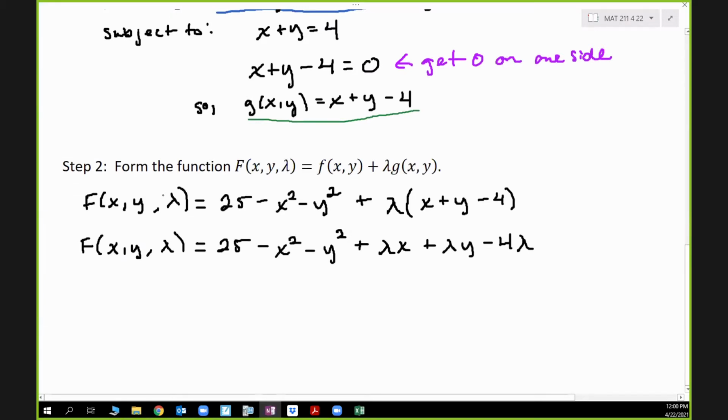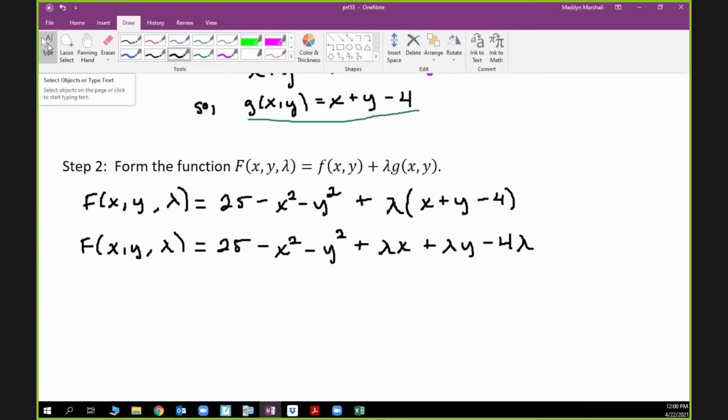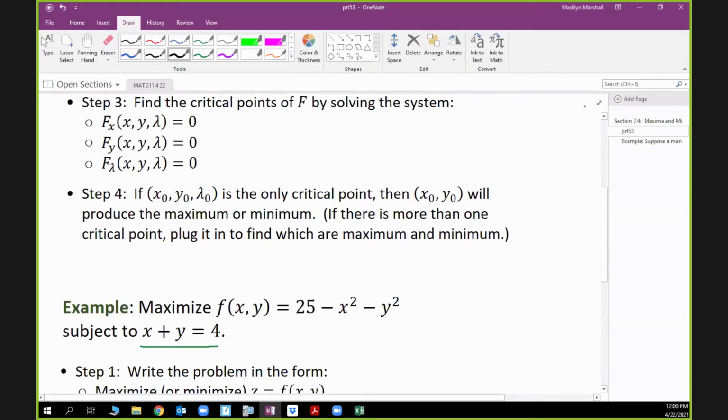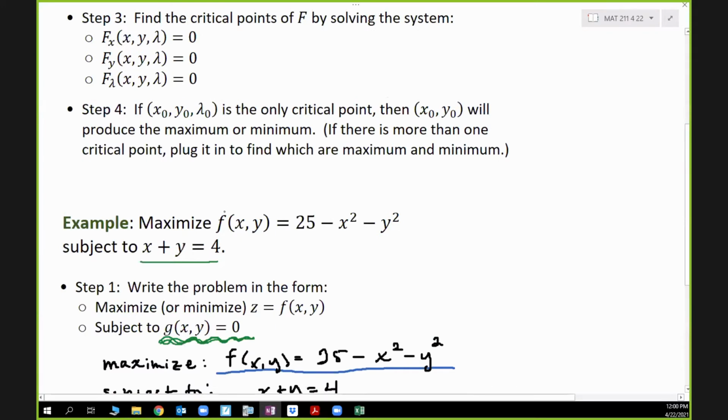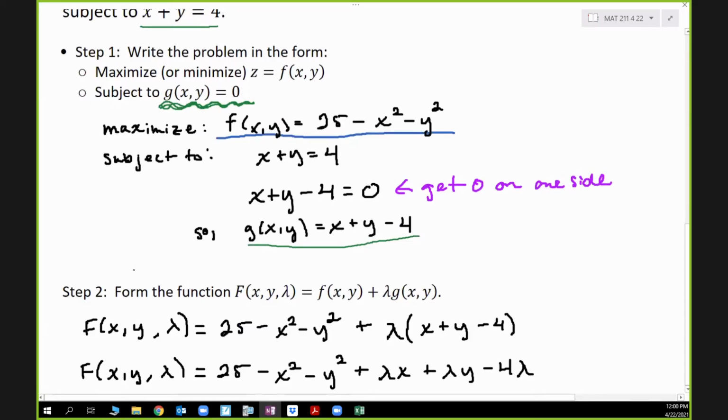So we have this 3 variable function now. And this is now what we are maximizing. So even though our actual goal is to maximize our original function in just x and y, we're going to be optimizing this capital F function.